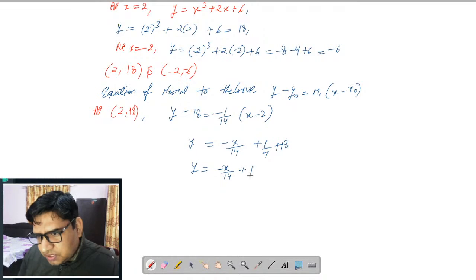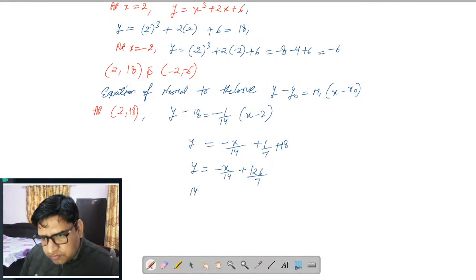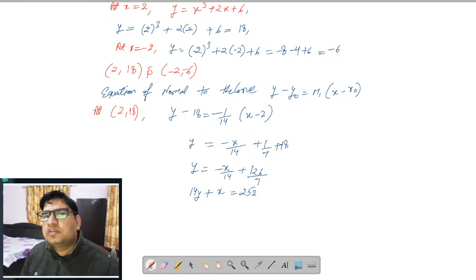So that is 126 upon 7, and it will be 252. So we can simply write down 14y plus x is equal to 252. This is one of the equations of the normal to the curve.